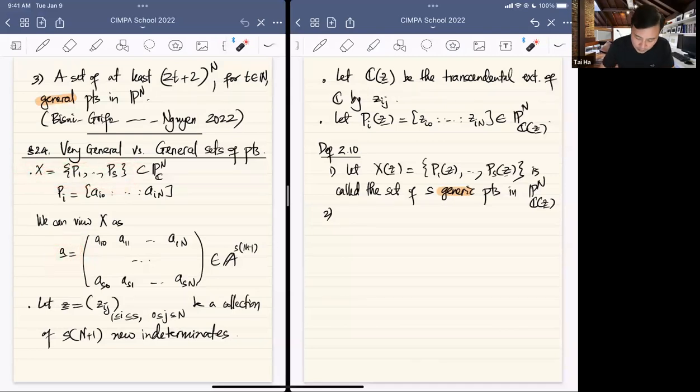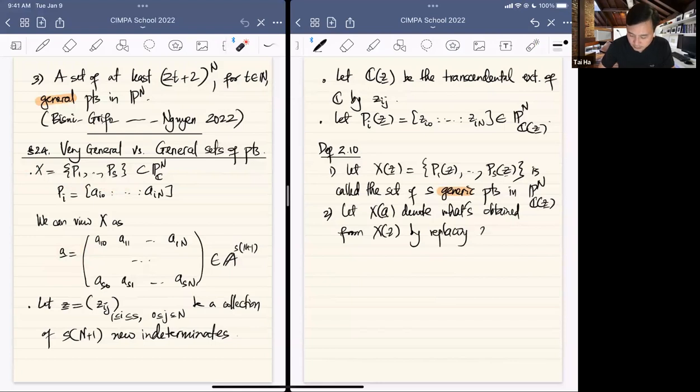So I'm going to let X(A) denote what is obtained from X(Z) by replacing Z with A.